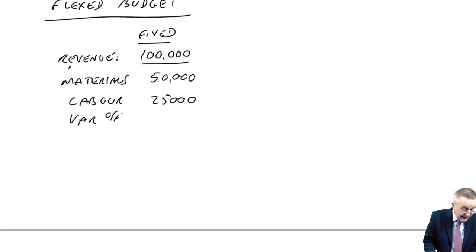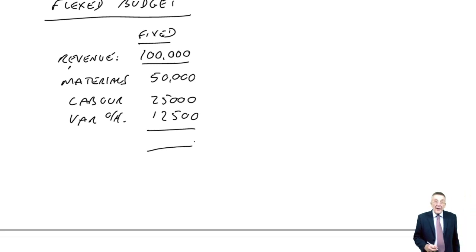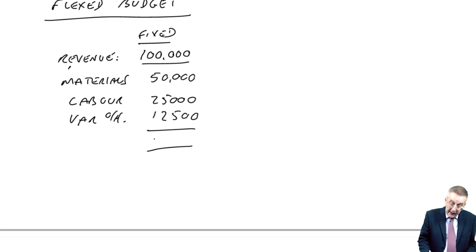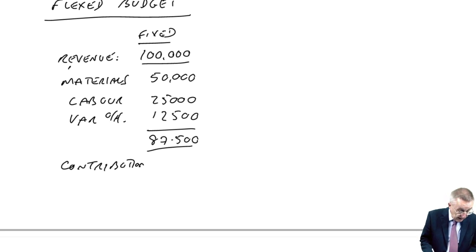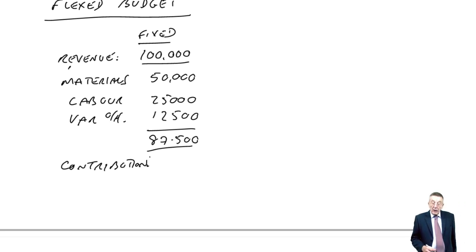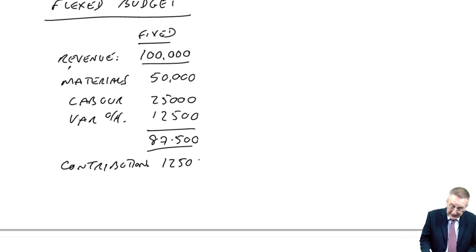Variable overheads, 12,500. And so the variable costs, the original fixed budget, has a total of 87,500, and therefore a budgeted contribution of 12,500.